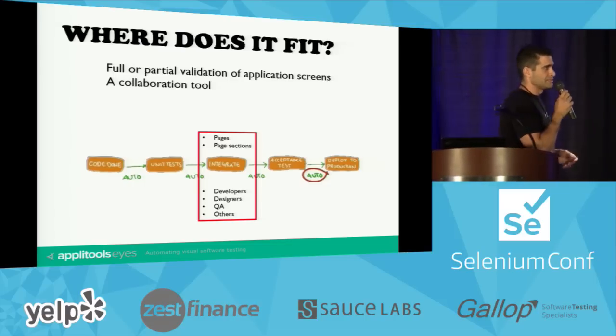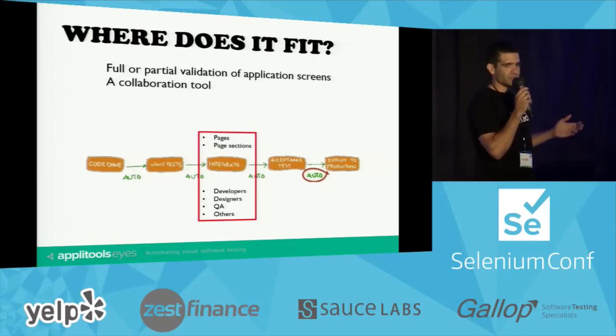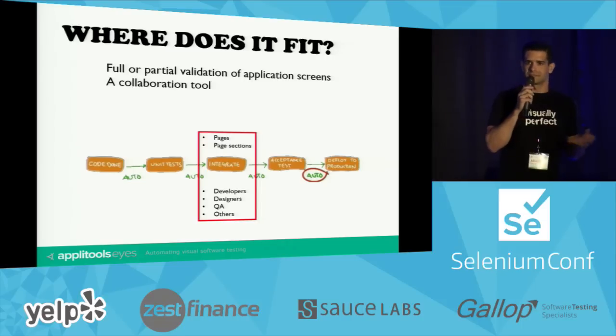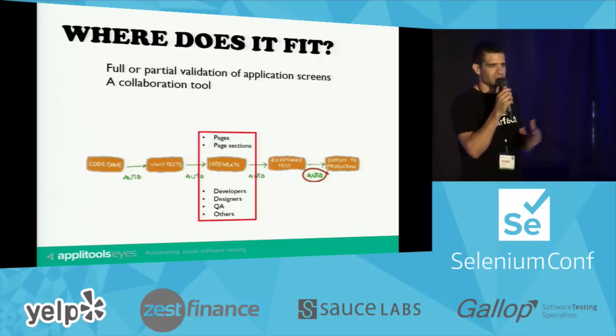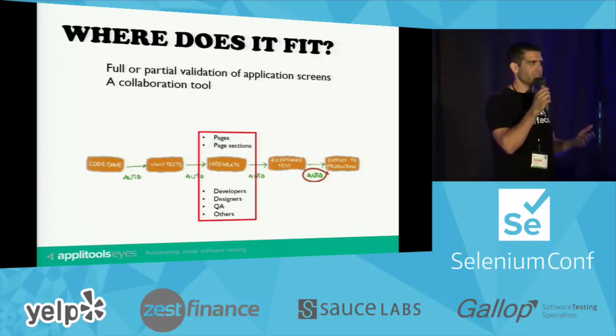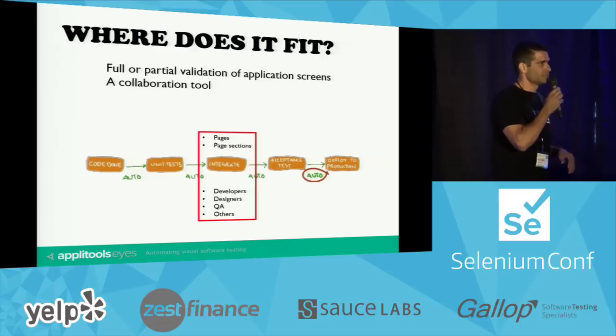For integration tests, we saw how easy it is to take an existing Selenium test and add visual validation to it. You can cover entire pages or parts of pages as part of your integration tests.